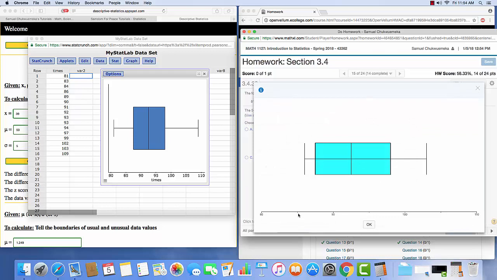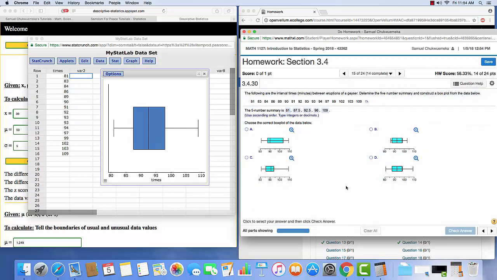I know this minimum here is after 85, because this is 80, 85, 90, 95, 100. So this minimum here is more than 85. So we eliminate B. C is okay and D is okay.